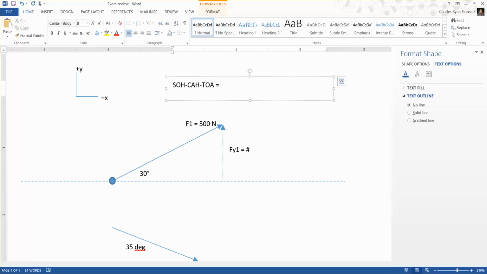Sine is equal to the opposite side divided by the hypotenuse. Cosine is equal to the adjacent side divided by the hypotenuse. Tangent is equal to the opposite over the adjacent side.